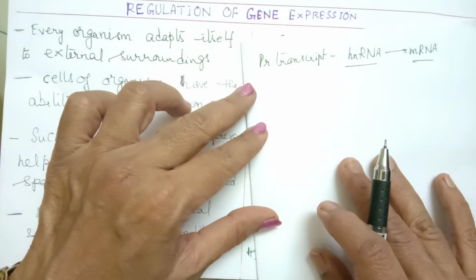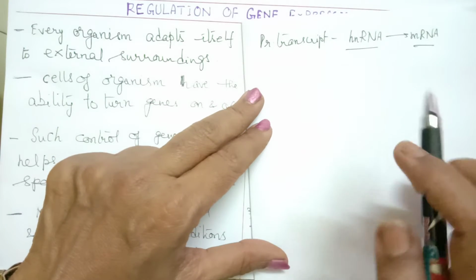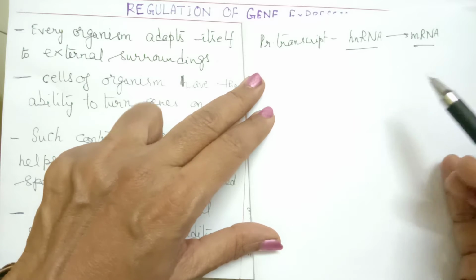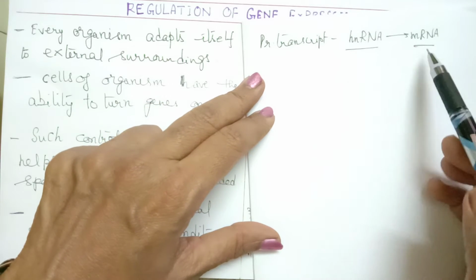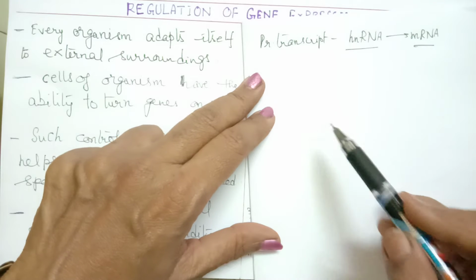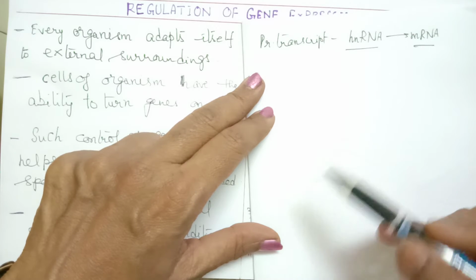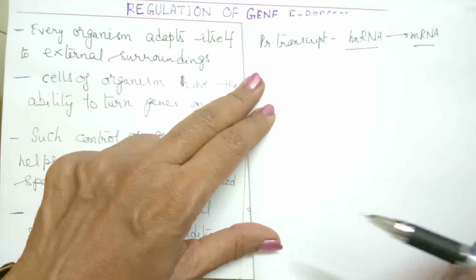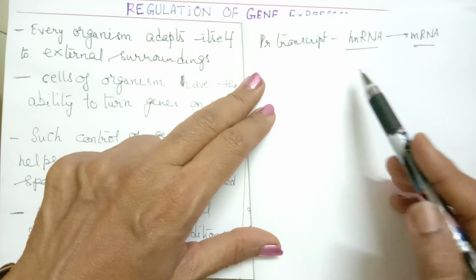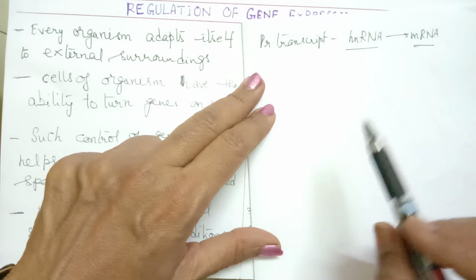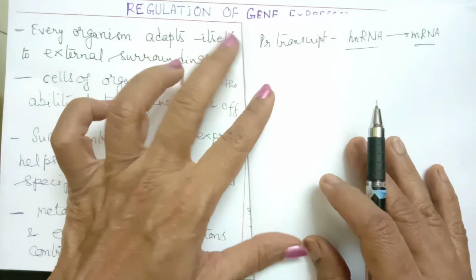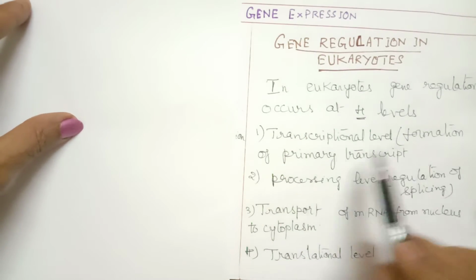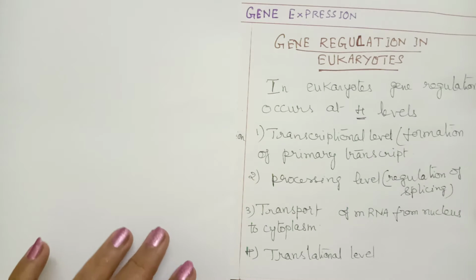So regulation means at any point, if any particular substance or hormone or chemical is not available, then it cannot be converted. That is called regulation. Capping is done, tailing is done and splicing. At these three stages, if any of the chemicals are not available, then this conversion of hnRNA to mRNA cannot take place. That is the meaning of regulation at the transcriptional level and formation of primary transcript.